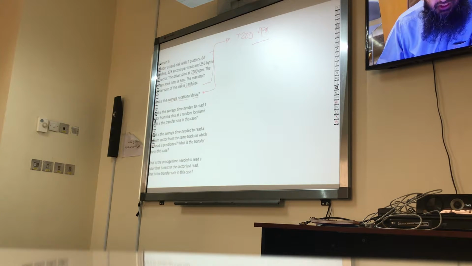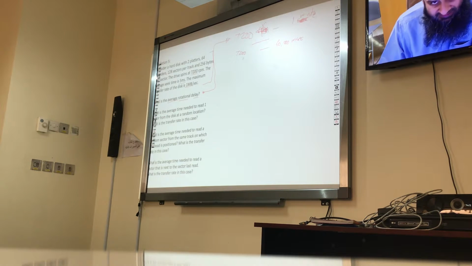So the disk does 7200 rotations in 1 minute, right? That's given to us. This means the disk does 7200 rotations in 60,000 milliseconds, because 60,000 milliseconds is the same as 1 minute, right?